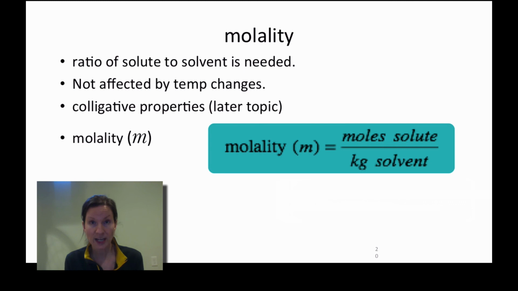So molality as a concentration is how many moles of solute I have per total kilograms of solvent. And this is the only label we will see where the denominator is solvent instead of total solution. So I think of molality a lot of times when we come back to colligative properties, we're actually talking about the effects of having a solution on the solvent, where pretty much all of the other labels we look at here are about the solute.